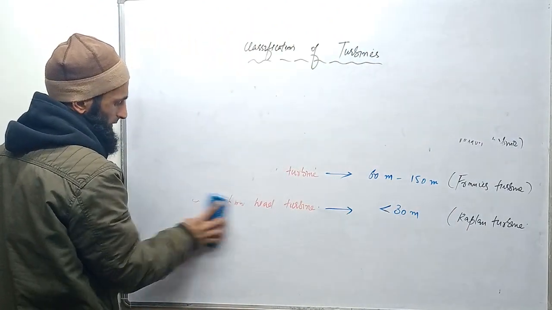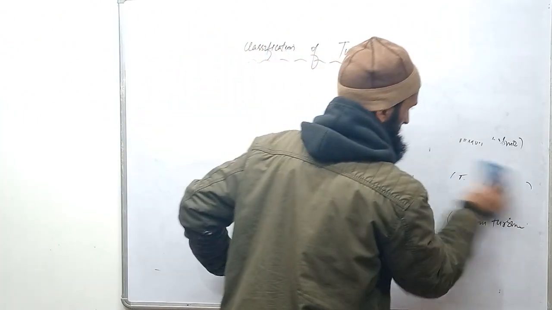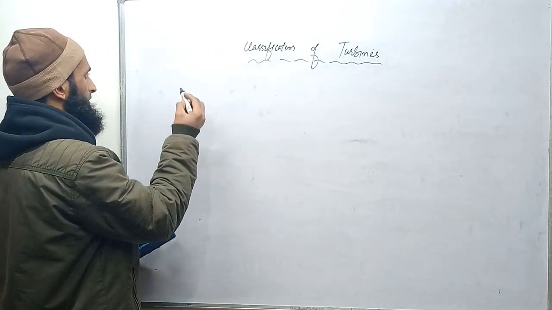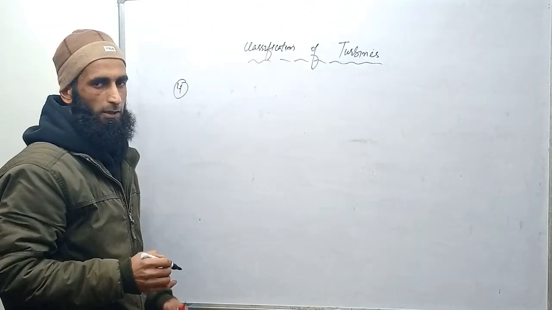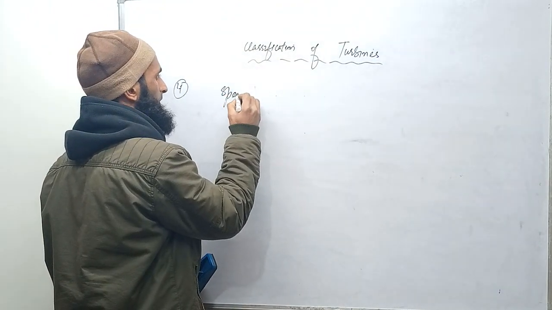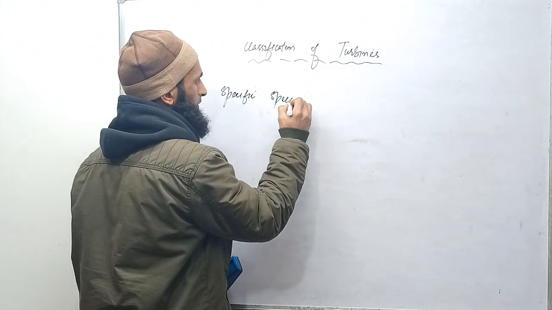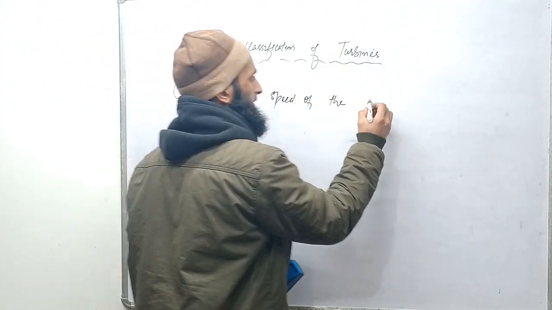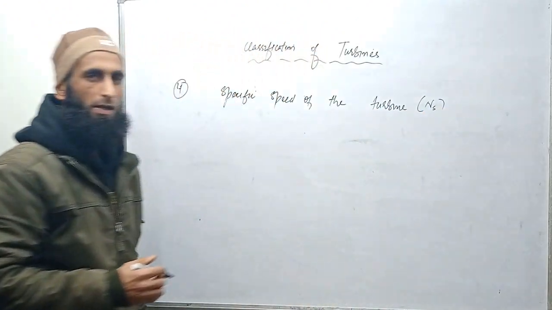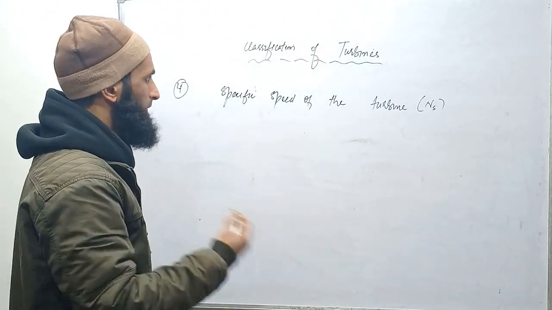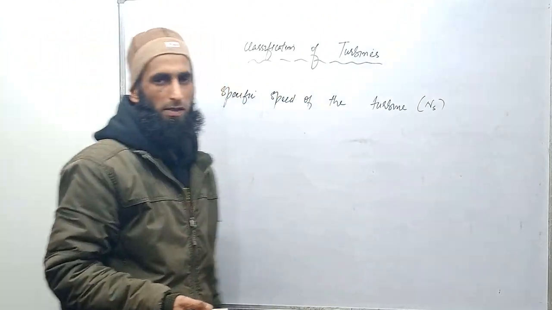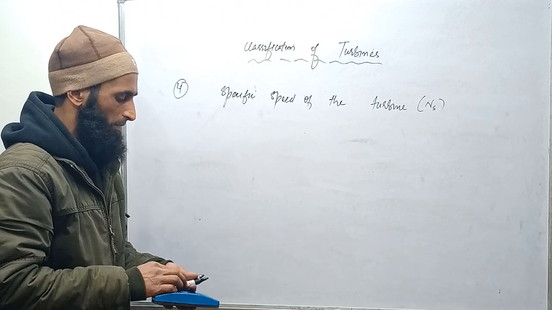The specific speed is represented by Ns. We are going to study it later in detail, but for now just remember, on the basis of specific speed of the turbine, we have three types of turbines.